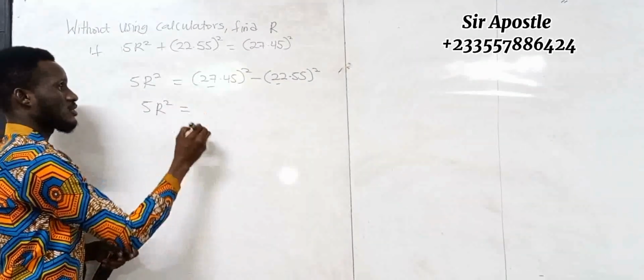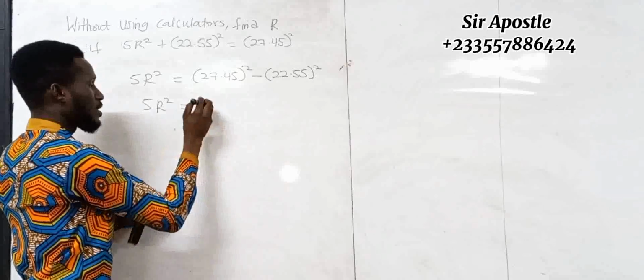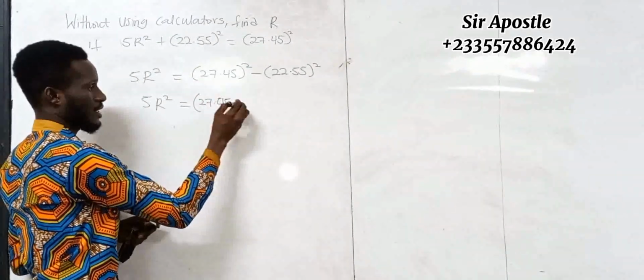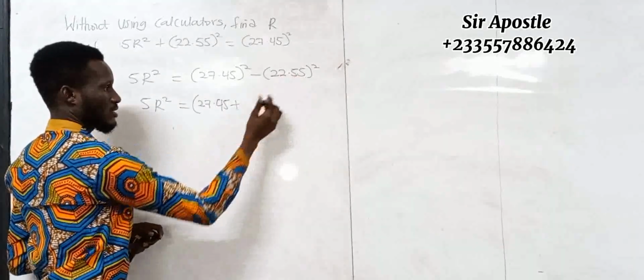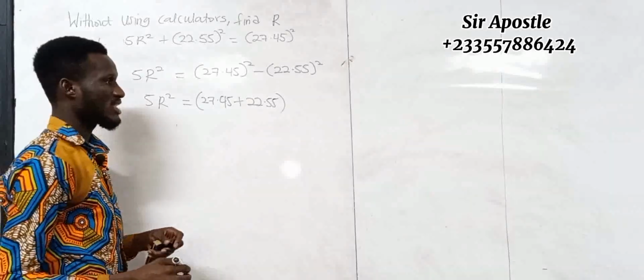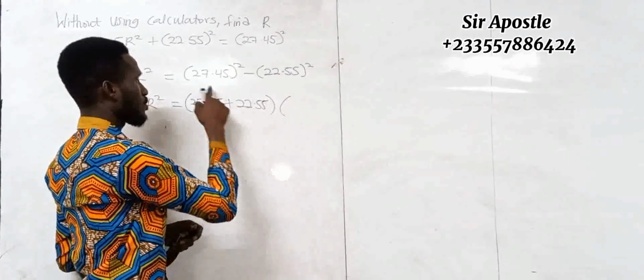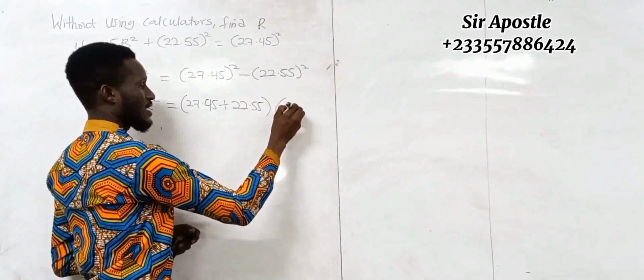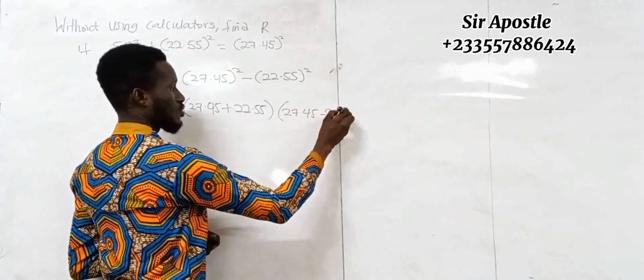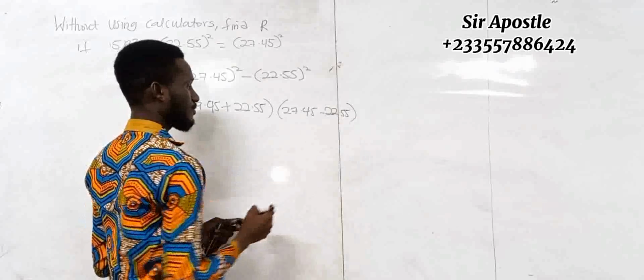So 5R squared is equal to, let's add them. I'm going to add 27.45 plus 22.55. We are adding the bases, then we subtract the bases: 27.45 minus 22.55.